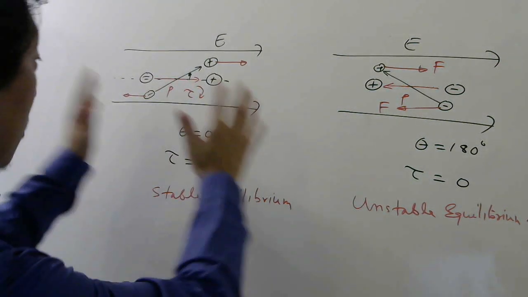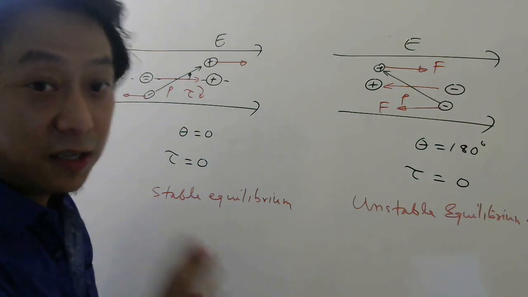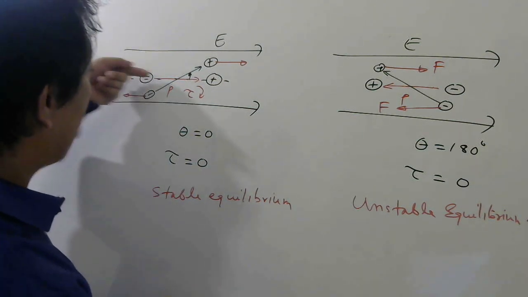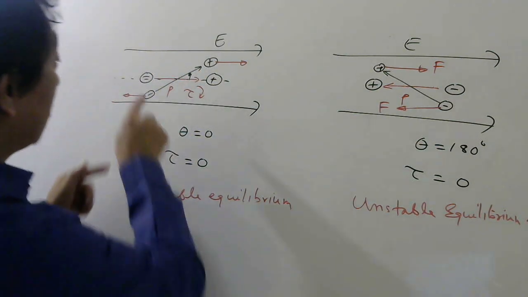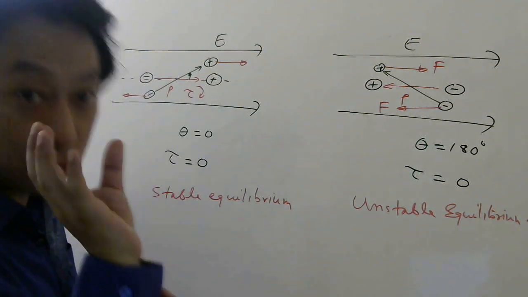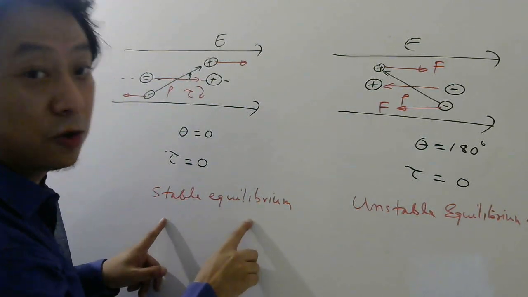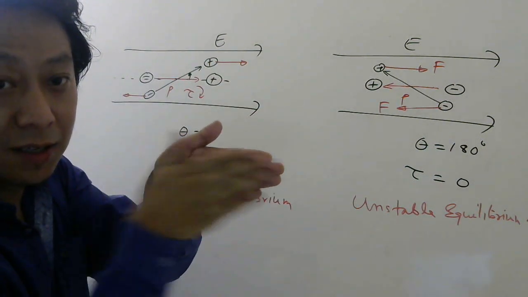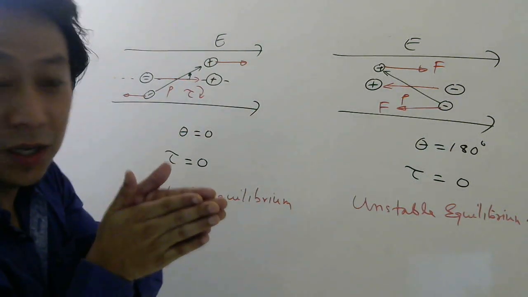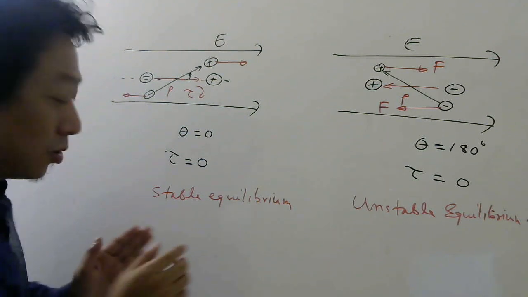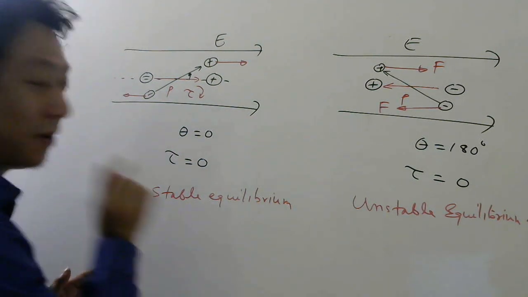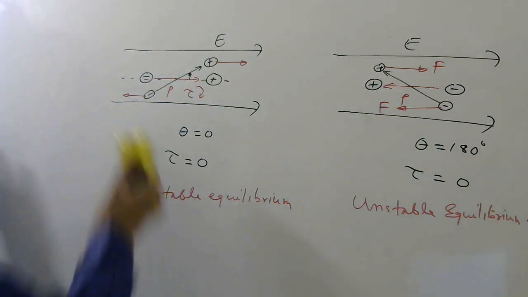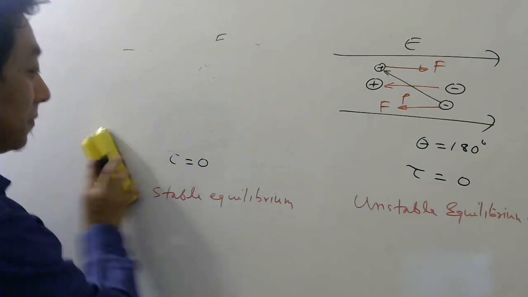And since this corresponds to stable equilibrium, scientists wanted the dipole moment to be from minus q to plus q, so that when it is in stable equilibrium, we can say the dipole is aligned with the electric field. So though it is equilibrium, it is stable. Very nice concept. I hope all of you understood.